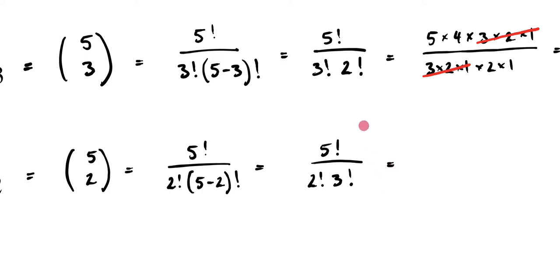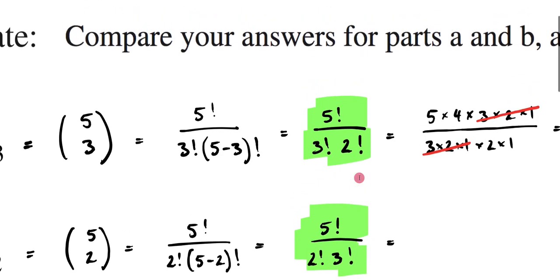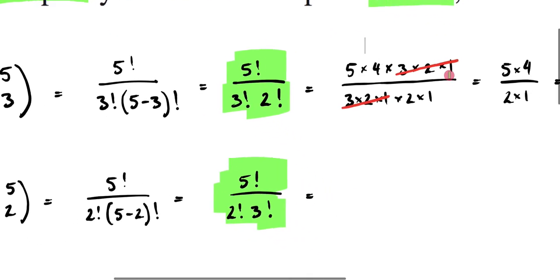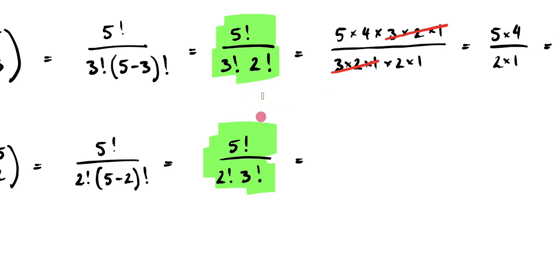And hopefully you can see that this right here, let's do it in green, is the same as this right here. So my answers are going to be the same, and that's why they're asking us to compare your answers for parts A and B, and later for C and D as well. As you can see, I'm getting the same thing. The order is just reversed down here.